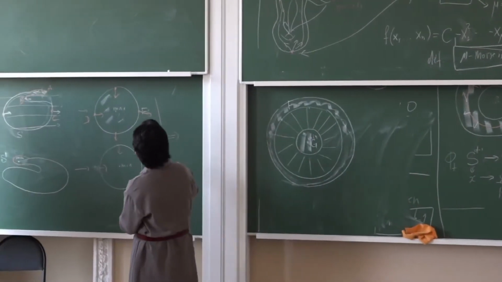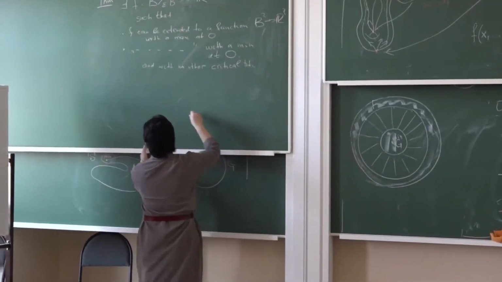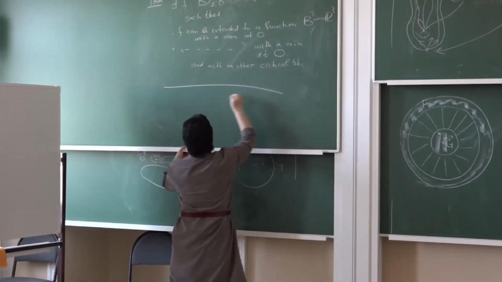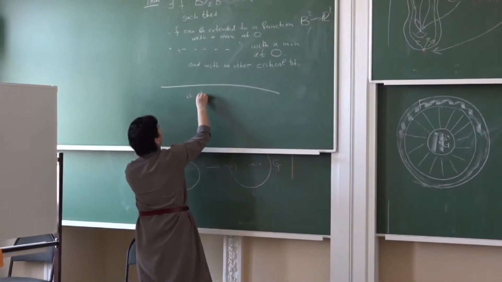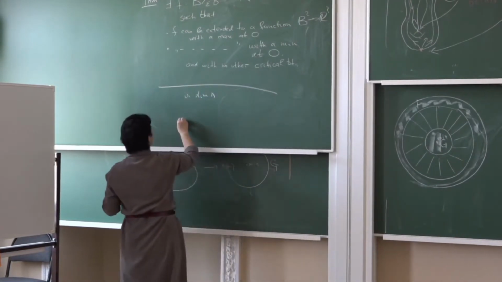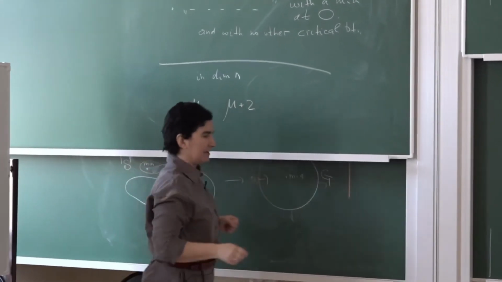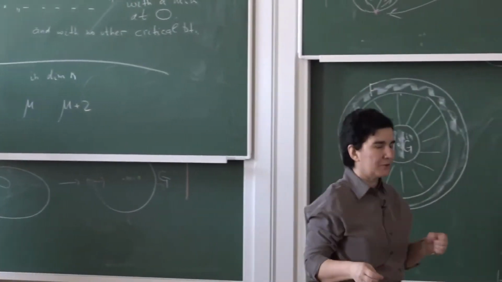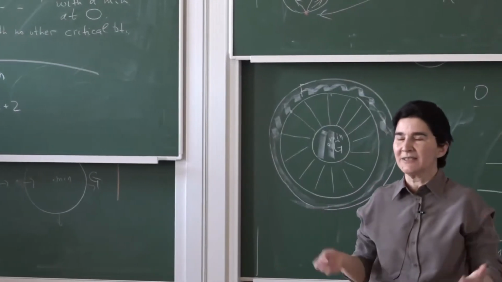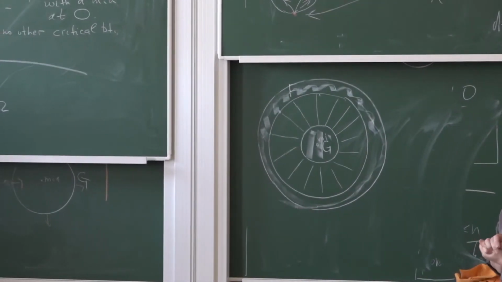And so what we proved is, for any dimension n, an analog of this theorem for Morse indices mu and mu plus 2. So these two indices in certain cases are indistinguishable, cannot be distinguished.